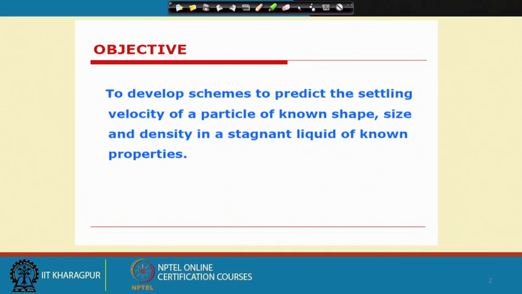I will show you what fluid properties and what particle properties you must consider for predicting the settling velocity of particles in the fluid medium, what the physics of that is, and what has been done so far by different researchers, and then I will try to help you identify your basic models for a specific application.